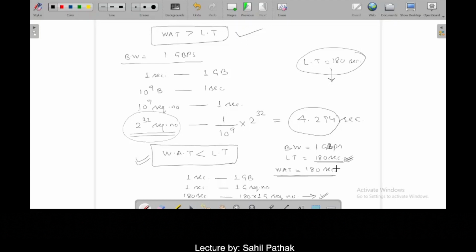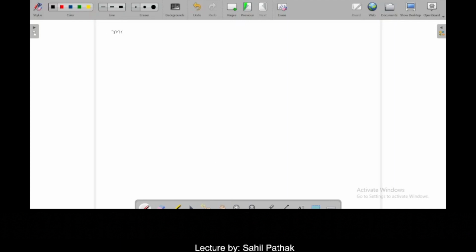Okay, so here if we try to calculate the minimum sequence number required to avoid wraparound within the lifetime, that is equal to 180 into 1G sequence numbers.